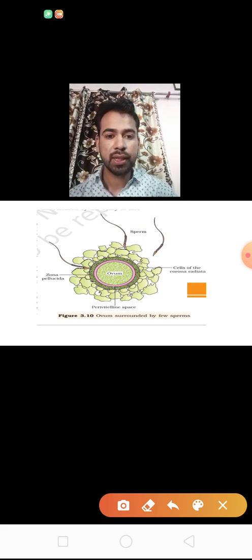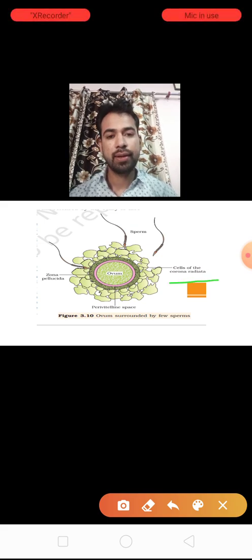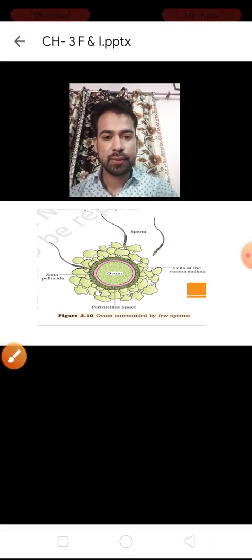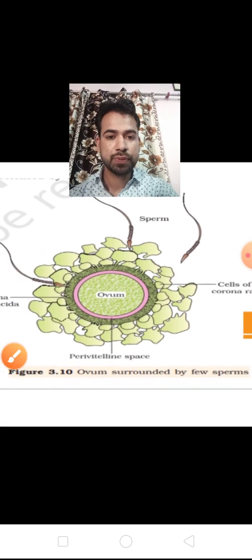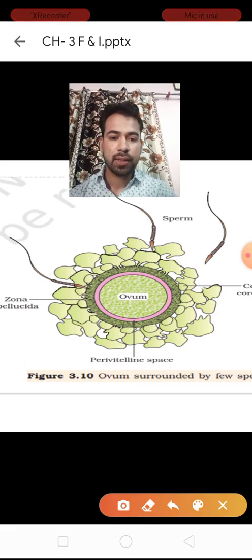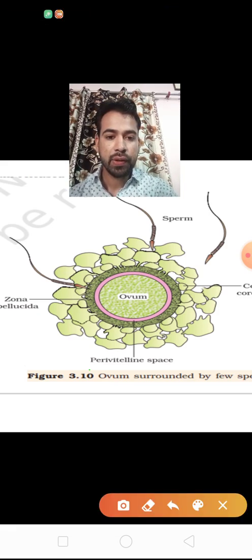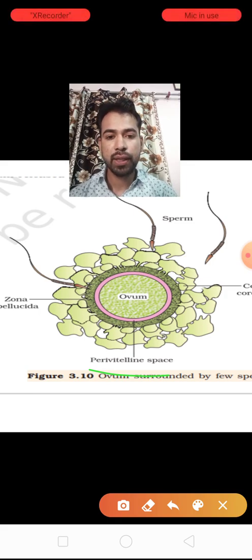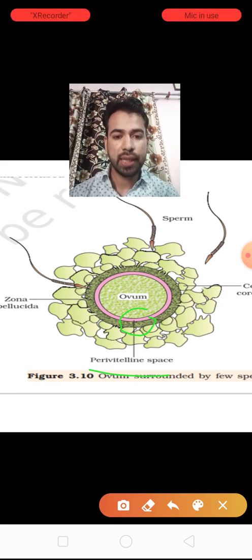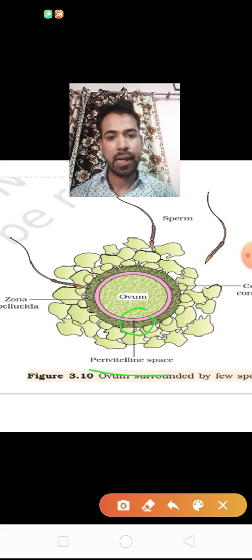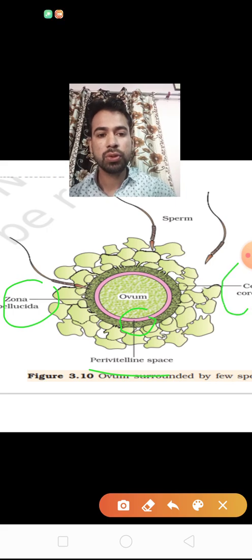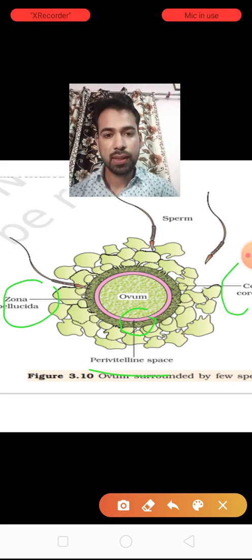The innermost layer is the perivitelline space, the second is the zona pellucida, and the outermost is the corona radiata. Let me enlarge the image.